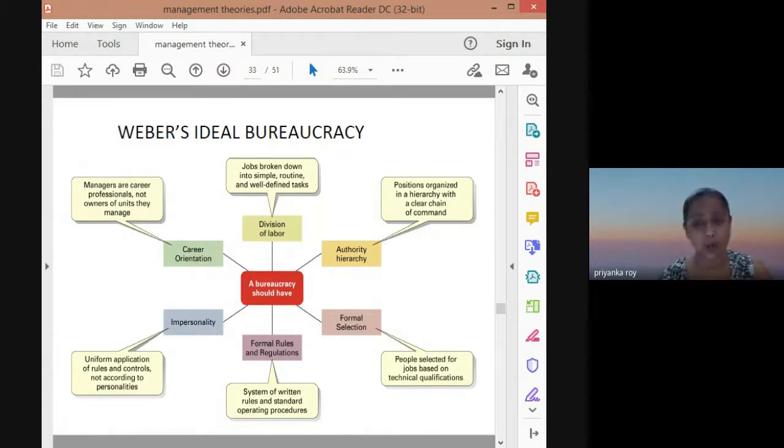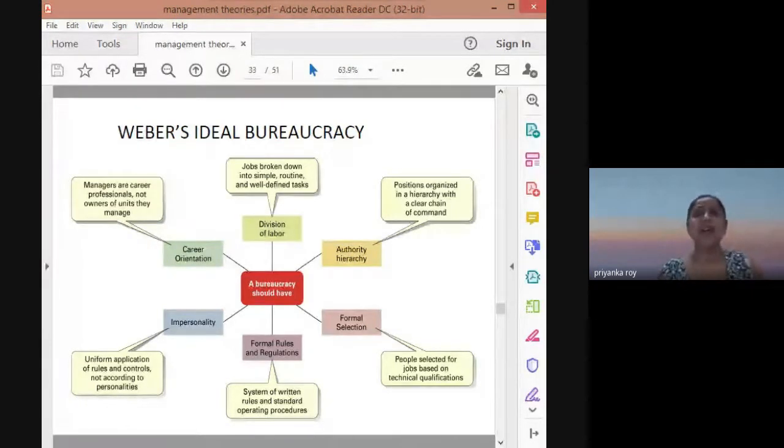Formal selection means people are selected for the job based on the technical qualification required for that particular job. When you are applying for a job, there is a minimum qualification required. For an engineer, you will require a minimum qualification in engineering in the particular field.